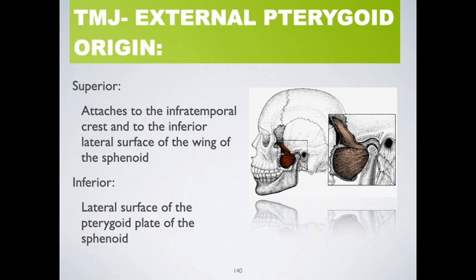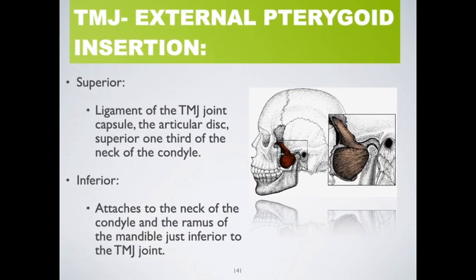The insertion of the external pterygoid: the superior division attaches into the ligament of the TMJ joint capsule, the articular disc, and the superior third of the neck of the condyle. The inferior division attaches to the neck of the condyle and the ramus of the mandible, just inferior to the TMJ joint.